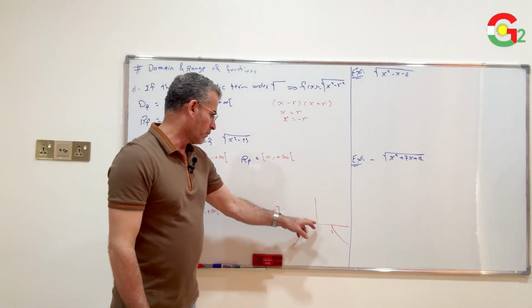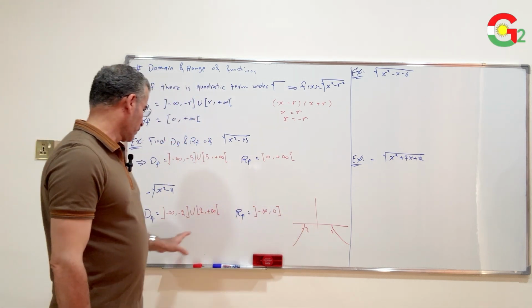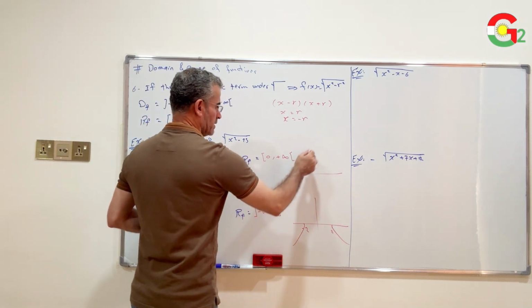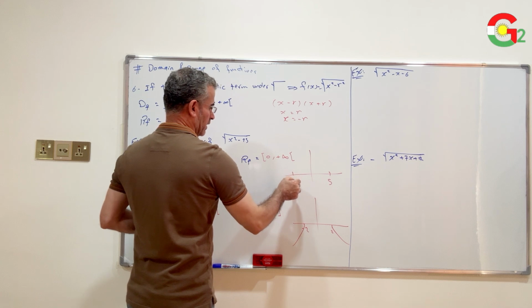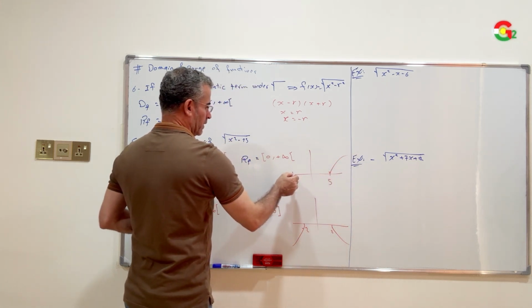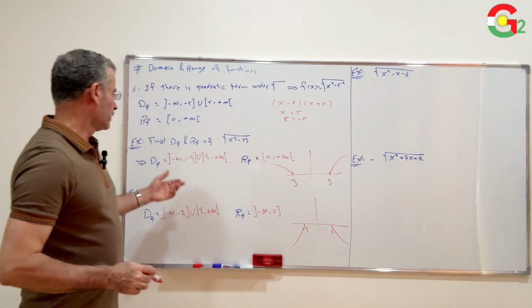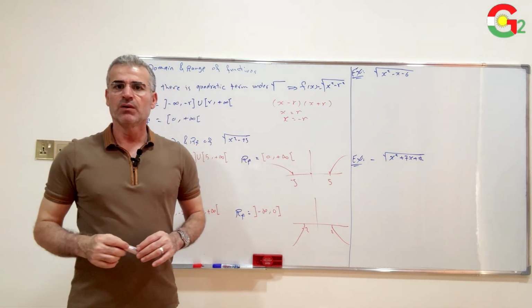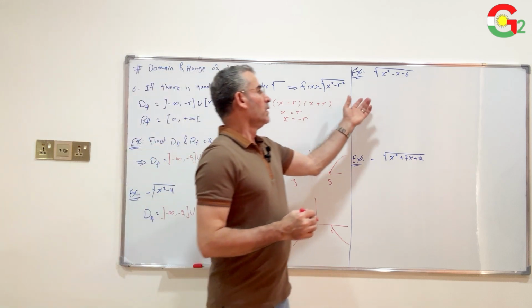And the range is from negative infinity to 0. For the first example, the graph is, this is 5, this is negative 5, from 5 to infinity union negative infinity to negative 5, and the range is from 0 to positive infinity.